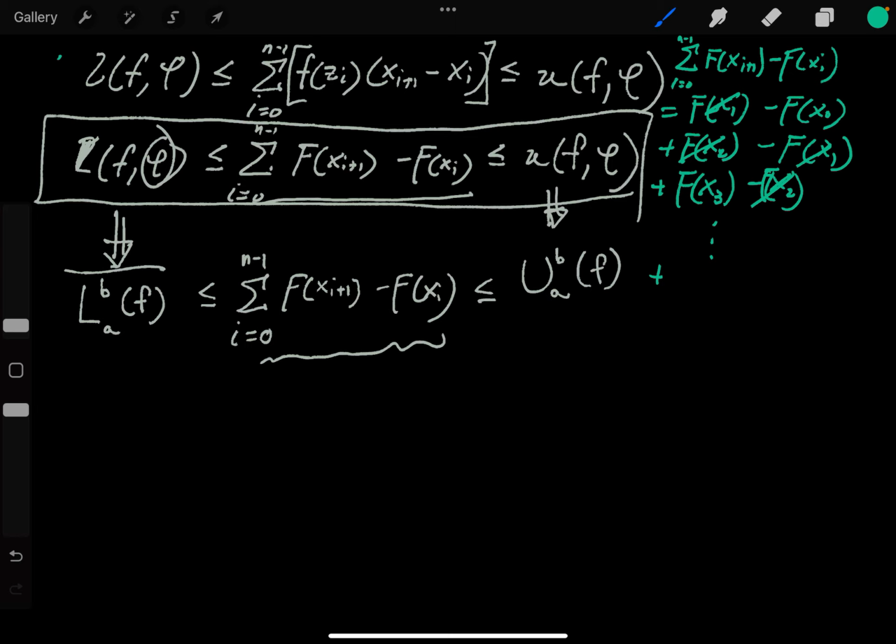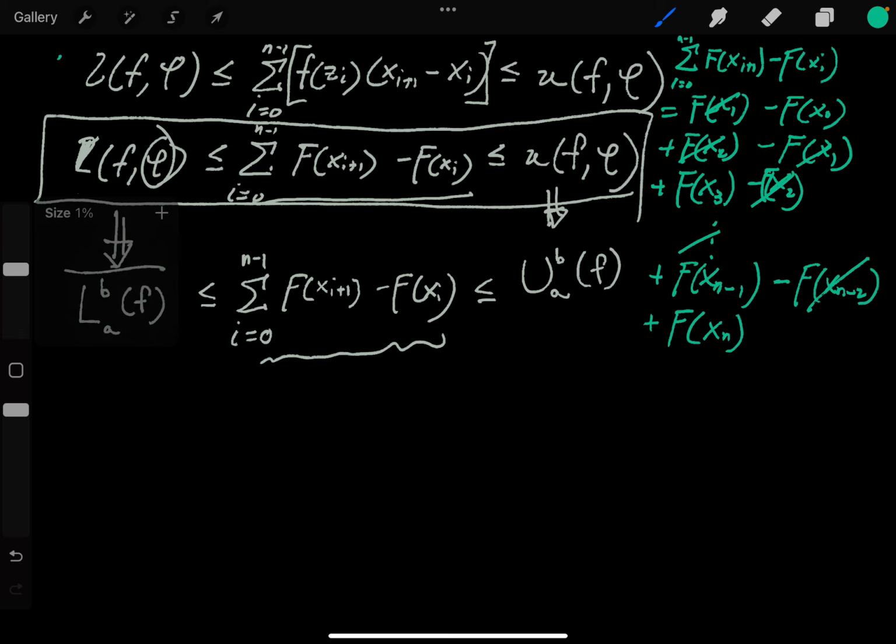So n minus 2 will give you f of x n minus 1 minus f of x n minus 2, but this will cancel with an imaginary thing here, plus the last term, when it's n minus 1, is just f of xn minus f of x n minus 1.